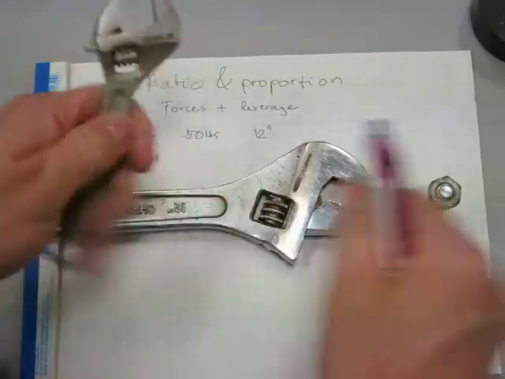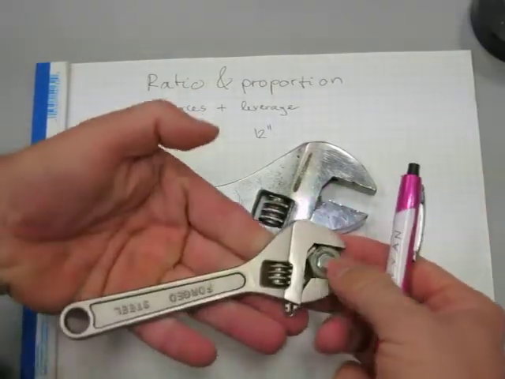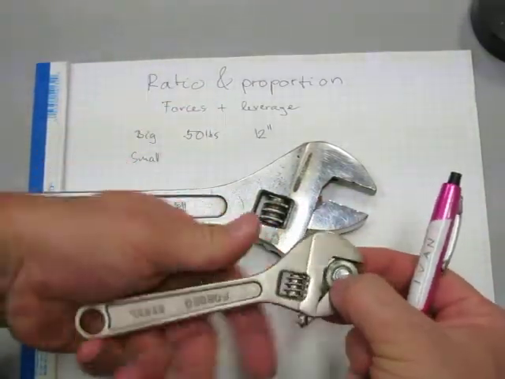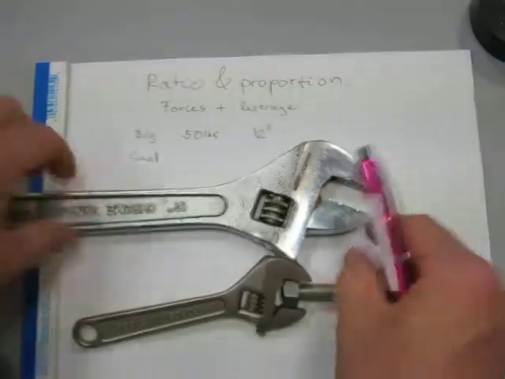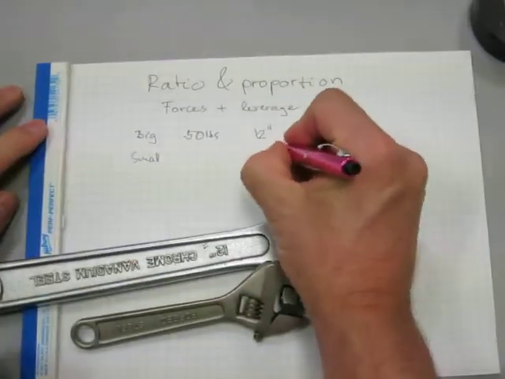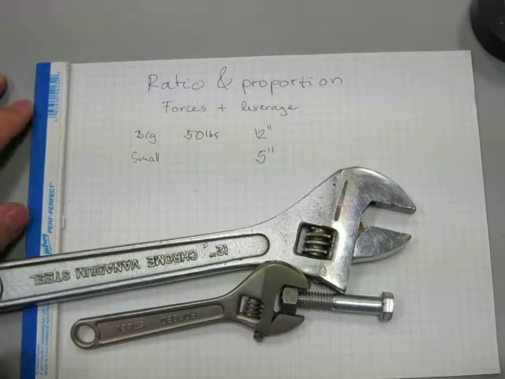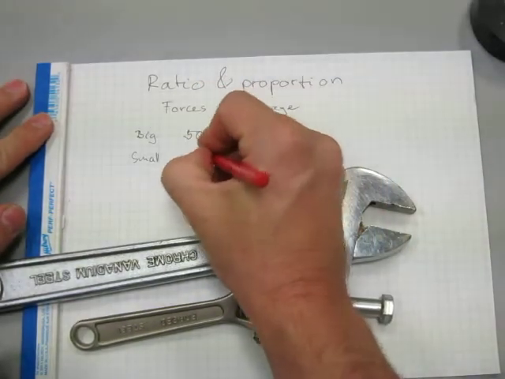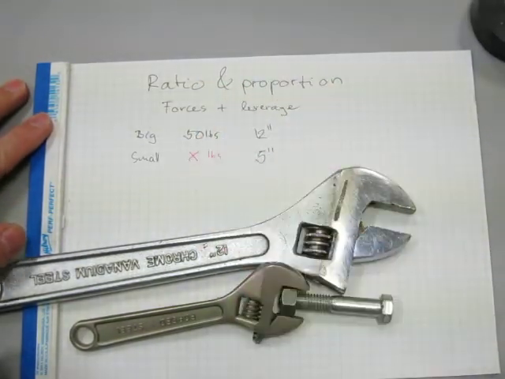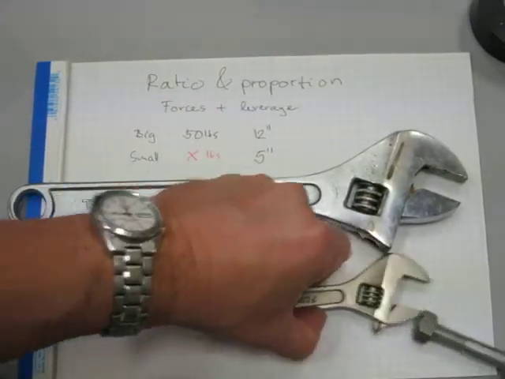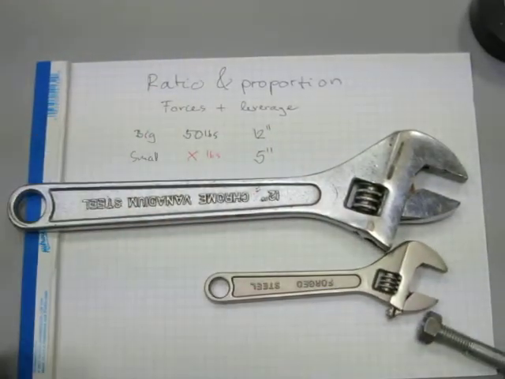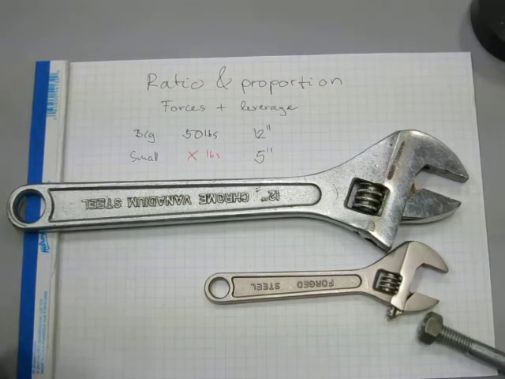On the small wrench you have a distance from the center of rotation to the center of your grip. That's exactly 5 inches. The question is, what force should you be exerting on the small wrench to keep the bolt from spinning?